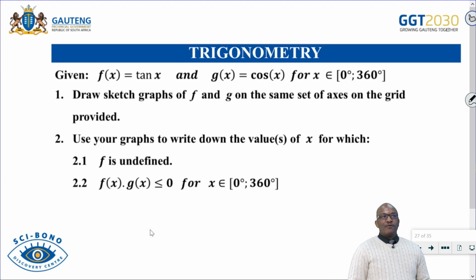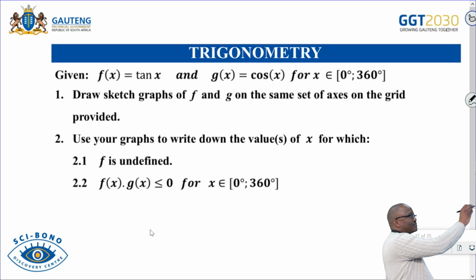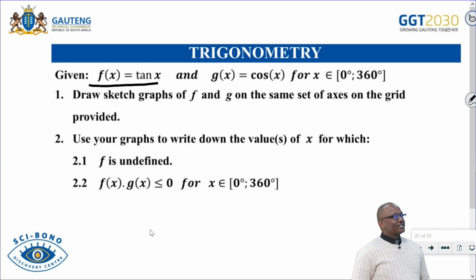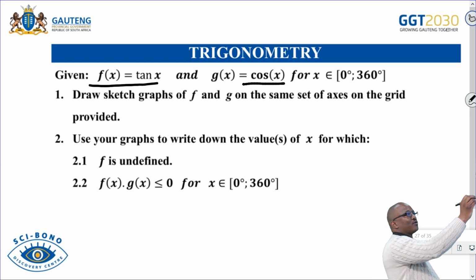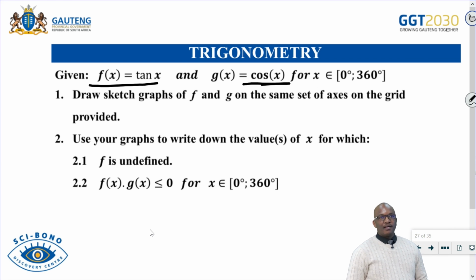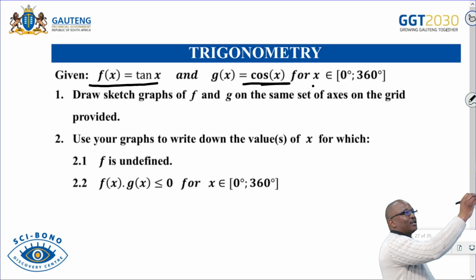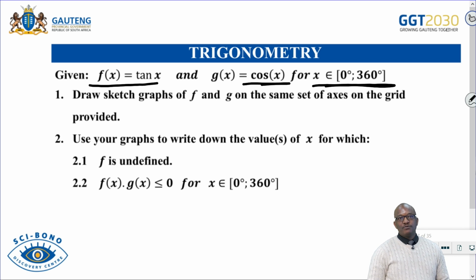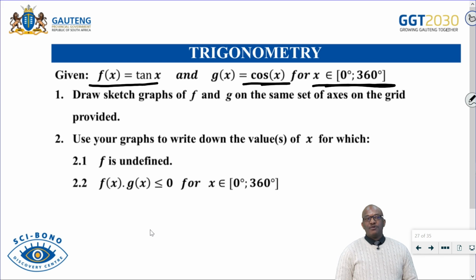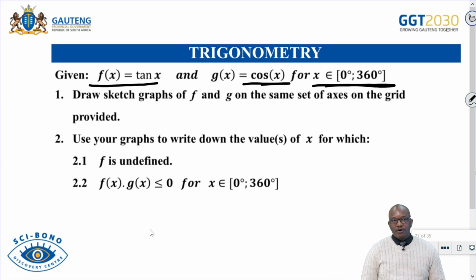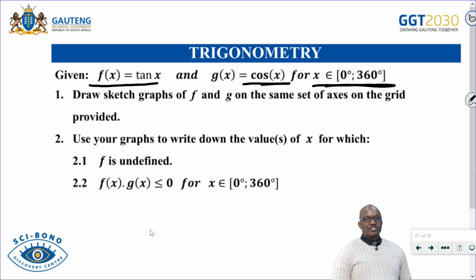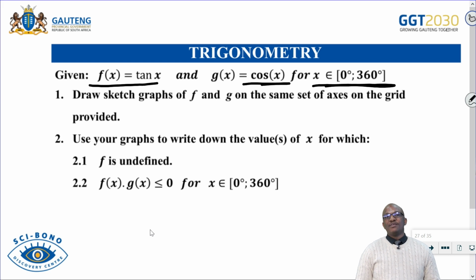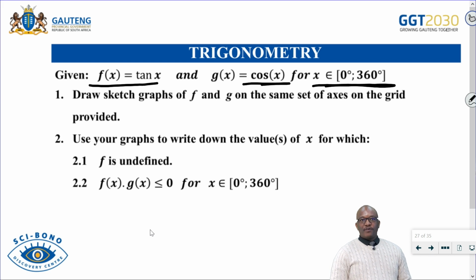Now we are given f of x, which is tan x, and we are also given g of x, which is cos x, for x an element of 0 to 360. The first question will say, draw the sketch graphs of f and g on the same set of x's on the grid provided.